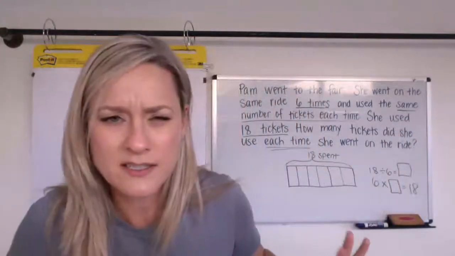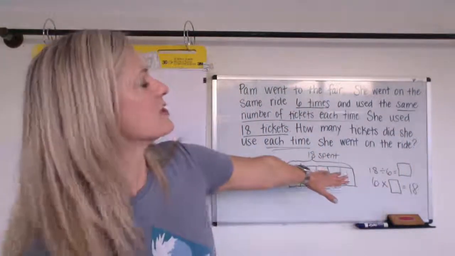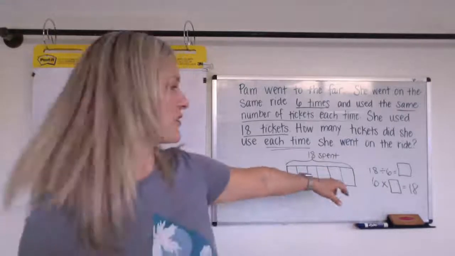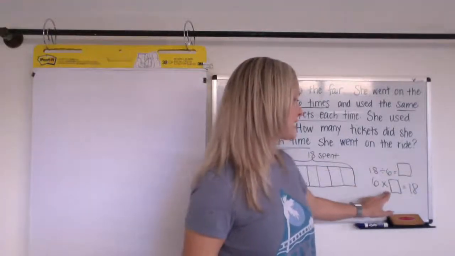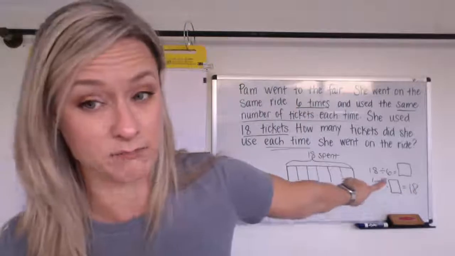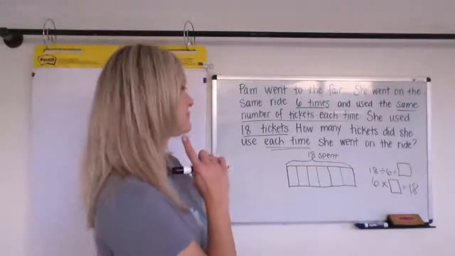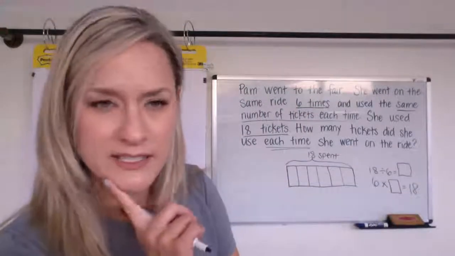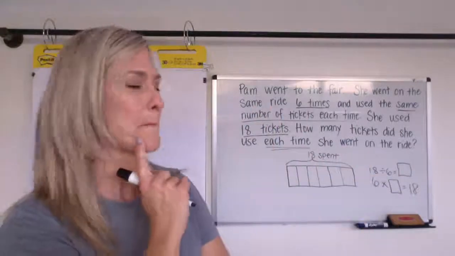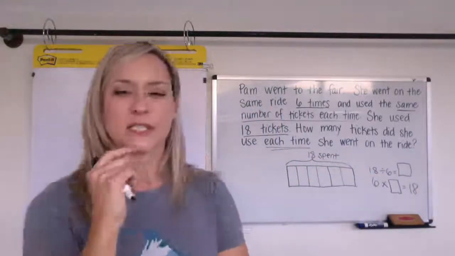Doesn't matter which one we choose, we're going to find the answer. So if you do 18 divided by 6 or 6 times what makes 18, wherever that rectangle is, that's the answer. Do you know what 6 times what would make 18? Could it be 6 times 2?